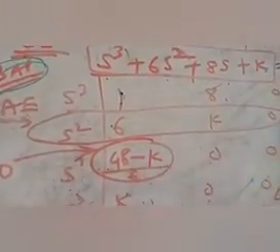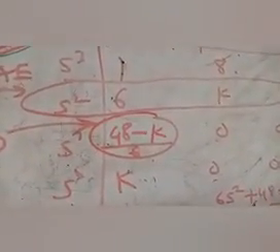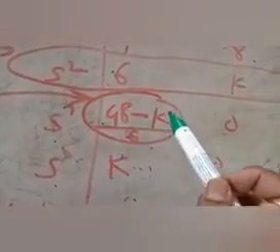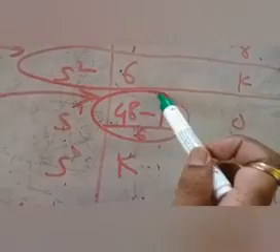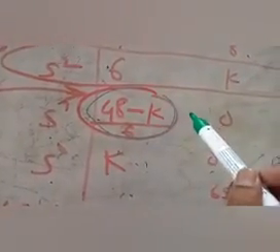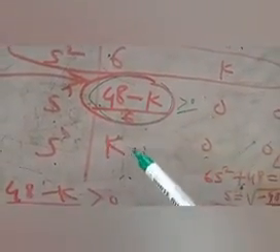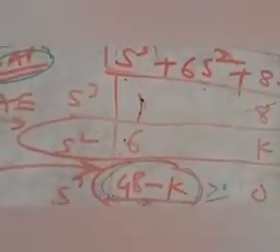If this column is positive, the system is stable, and if it is negative, the system is unstable. For the condition of stability, (48 minus k) divided by 6 must be greater than 0, that means a positive value, and k is also greater than 0. But here in the root locus, we determine the intersection point of the root locus on the imaginary axis.